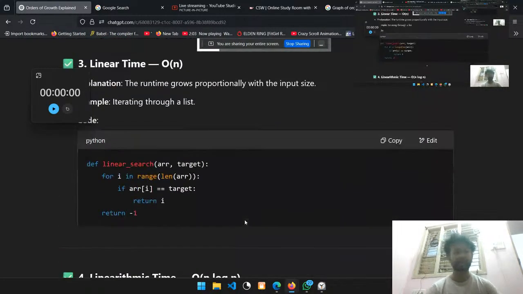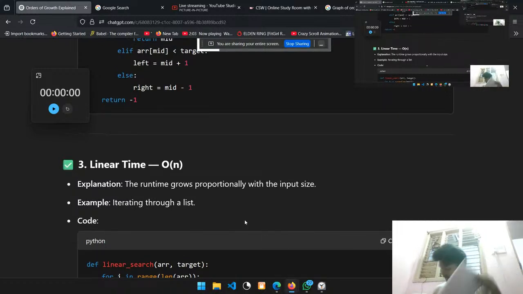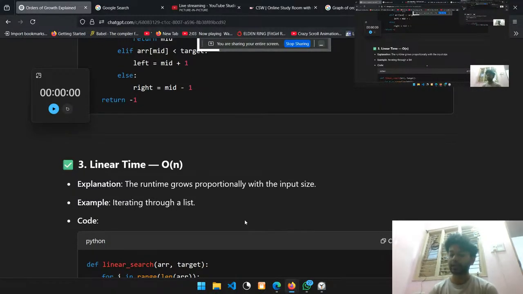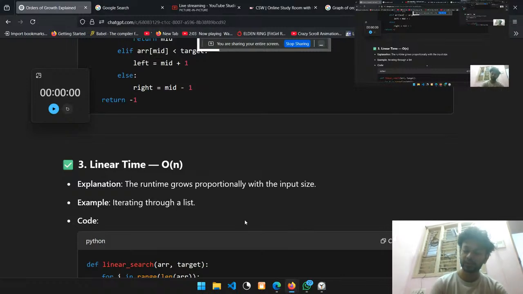A few things I would like to write down in my copy. Order of growth: I know the definition, and there's just a small formula. f of n decides how a function behaves with growing n.